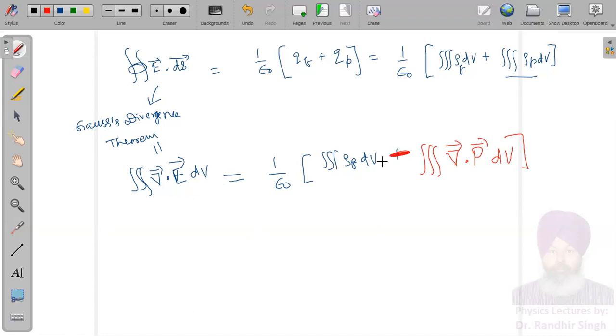Now I can take all these quantities on the left hand side. This epsilon naught is now cross multiplied, it will come here.